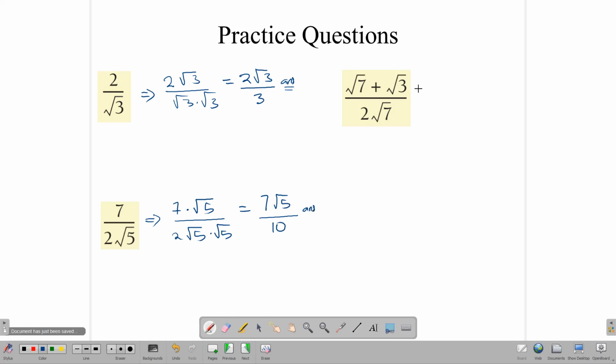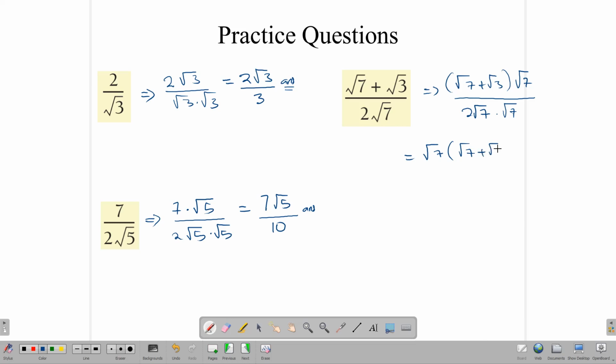This one looks a little bit more challenging. So let's try it, but the idea is the same. We're going to multiply root 7 plus root 3 by root 7, and multiply the denominator 2 root 7 by root 7. Once we do that, we can see that in the numerator, what we will have is root 7 times root 7 plus root 3.